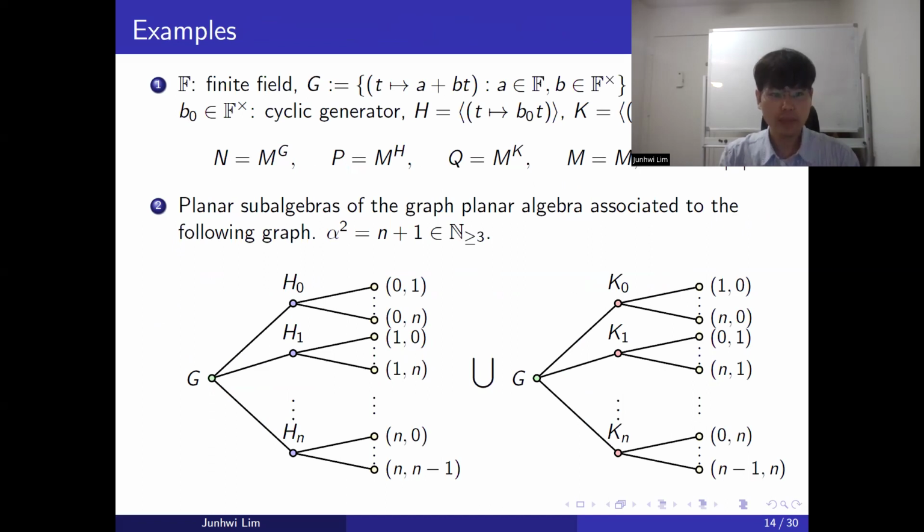More generally, we can construct a quadrilateral inclusion with arbitrary integer index by considering the so-called graph planar algebra associated with this graph.